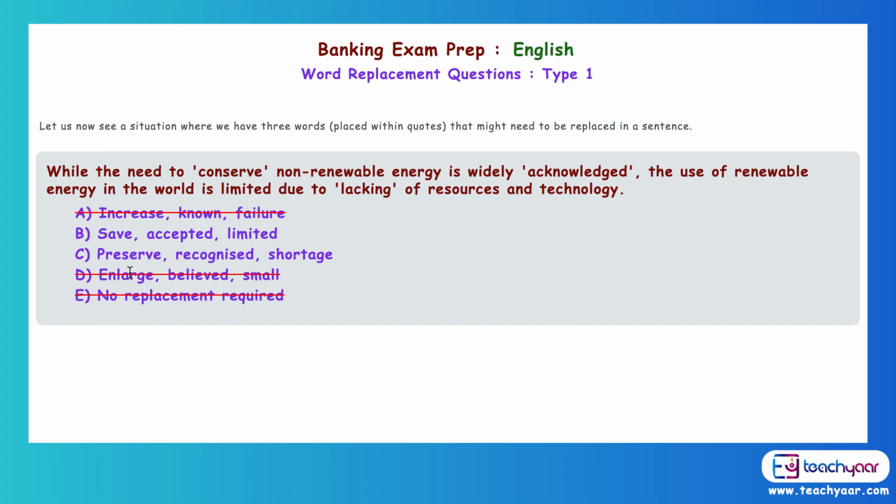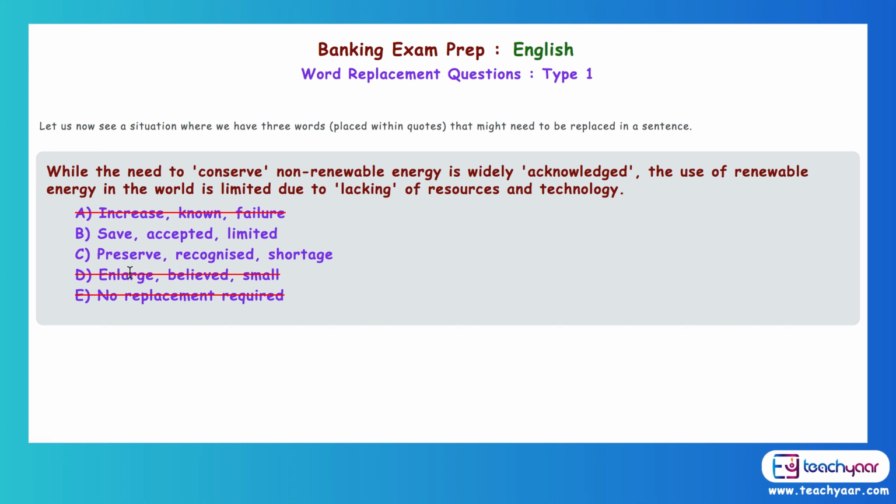We move on to the second word, acknowledge. So while the need to conserve non-renewable energy is widely acknowledged. What's the meaning of acknowledged? Look at the options. Option B, second word, accepted. That's okay. Option C, recognized. That's okay.